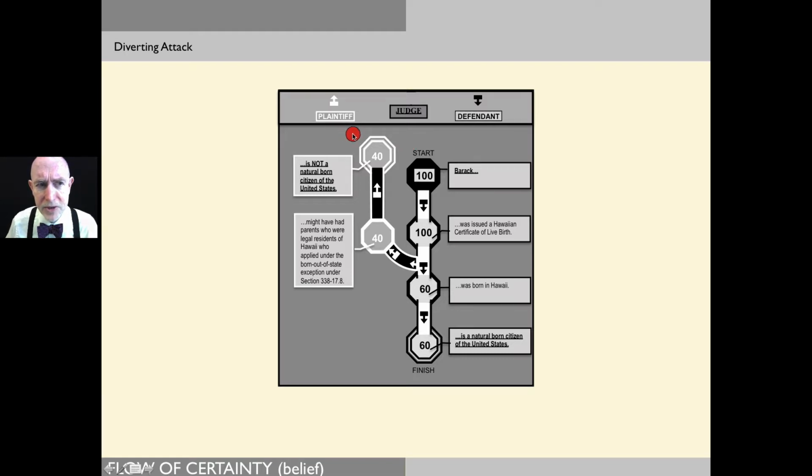the plaintiff uses what we've talked about, a diverting attack, and says, okay, I can accept this part here. Barack was issued a Hawaiian certificate of live birth. But the plaintiff says, I don't think the connection goes down to here.